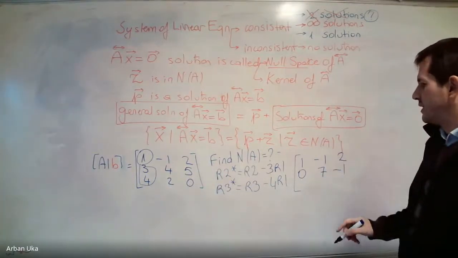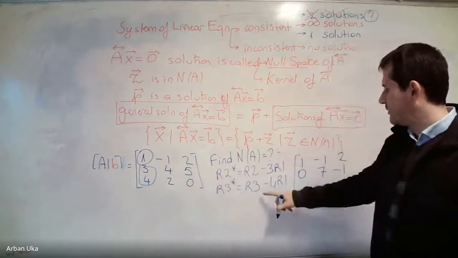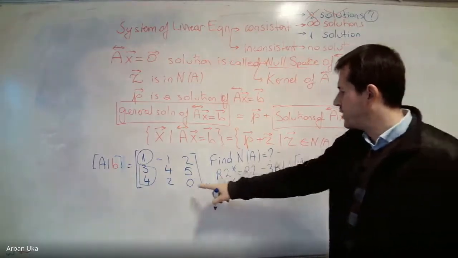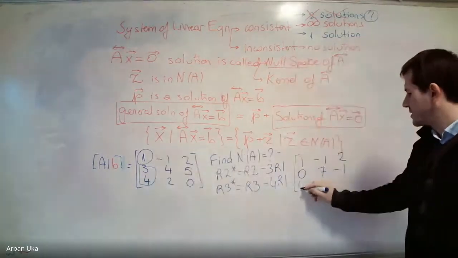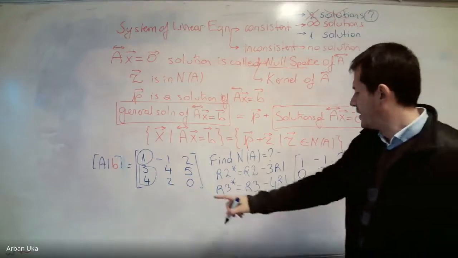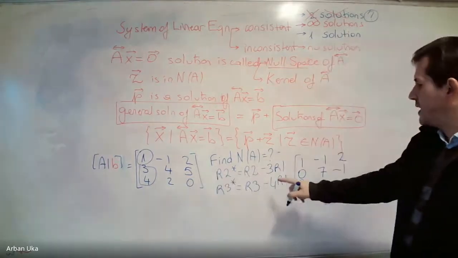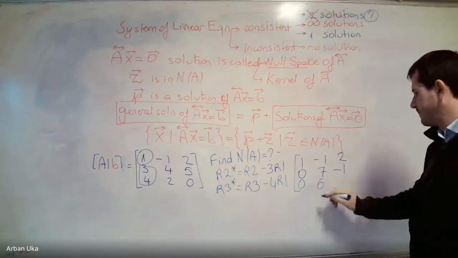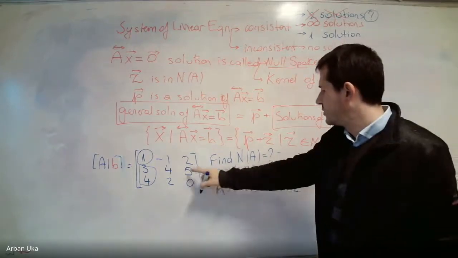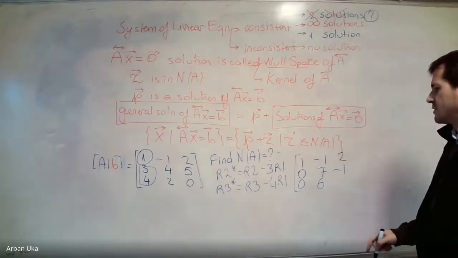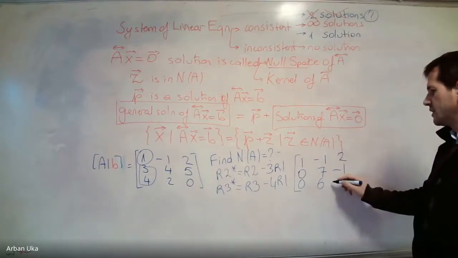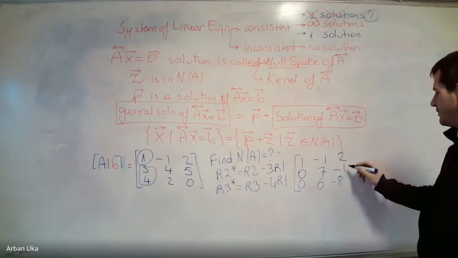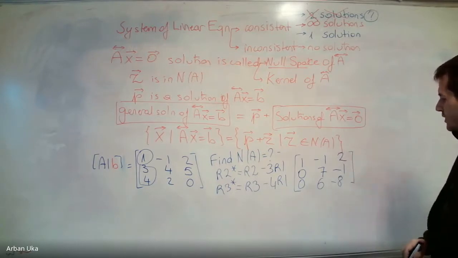Then here we get row 3 minus 4 times row 1. So 4 minus 4, we made this 0. Then we have 2 plus 4, 6. And then we have 0 minus 4 times 2, so this is -8. So what is the next step?